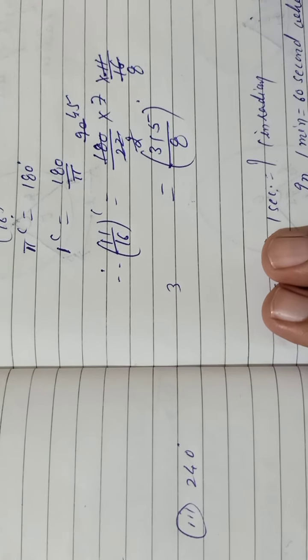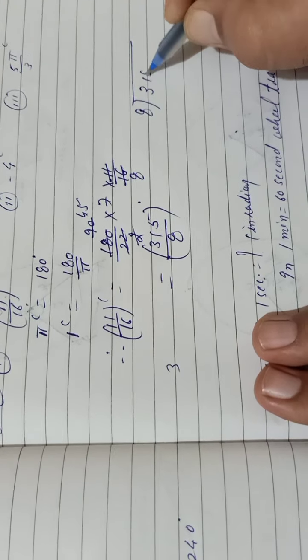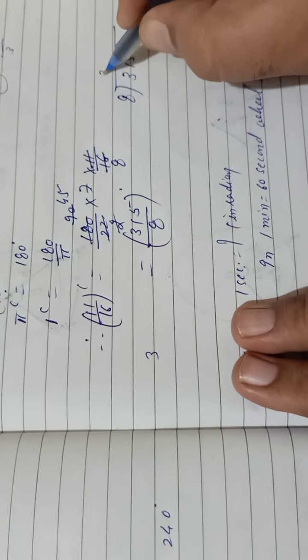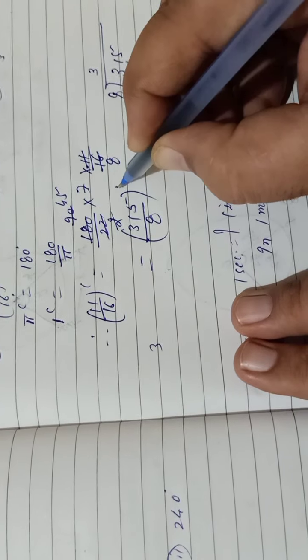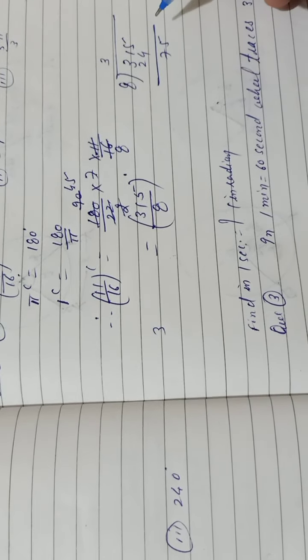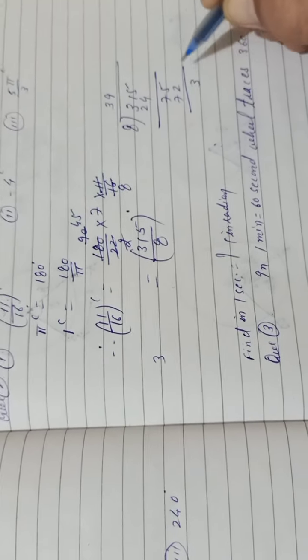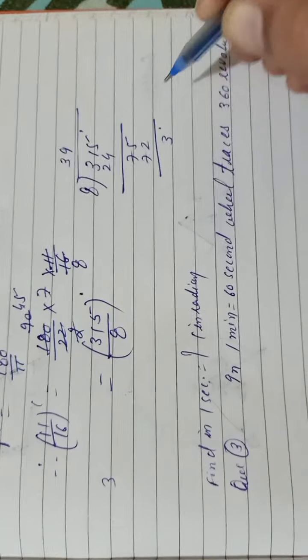Now we can divide 315 by 8. 8 3s are 24. 8 9s are 72. This is degree, so the remainder is also degree.